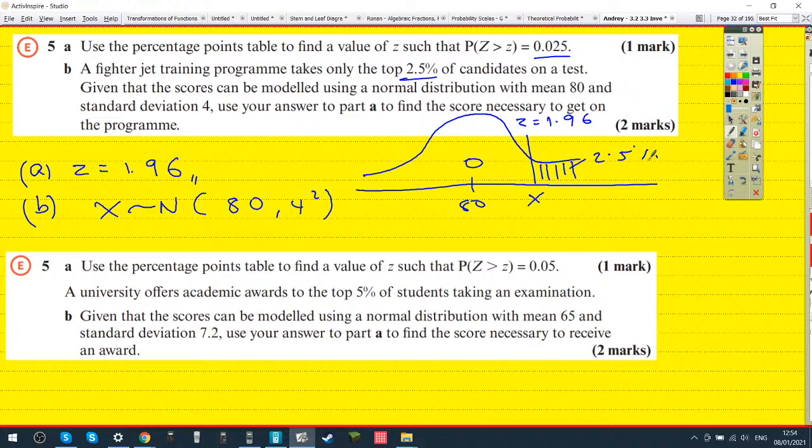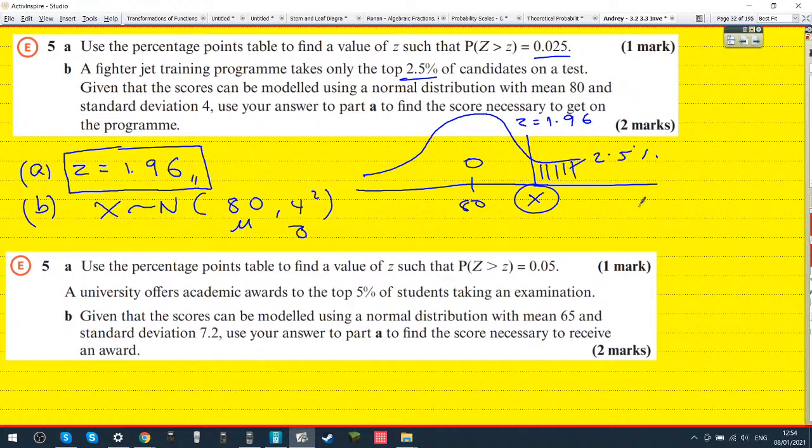Oh wait, am I doing 1.96 times 1.025? No, this is Z. Yes, yeah. Let's see. This is mu. This is sigma. We want X. Oh, right. That allows us to convert between them.